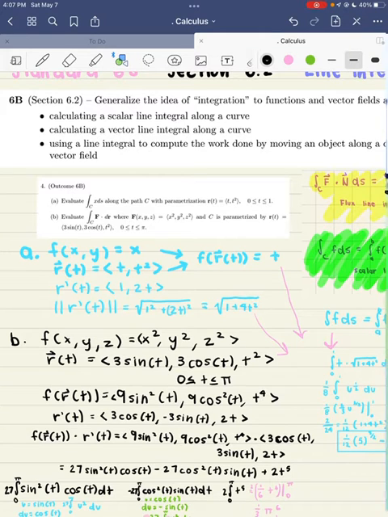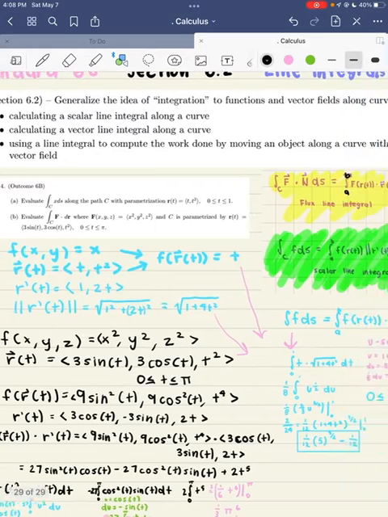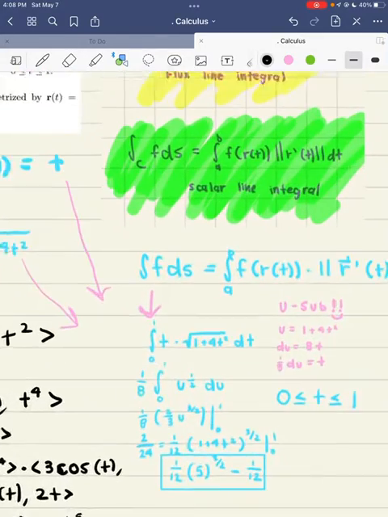So f of r of t is equal to just t. And then the derivative of r of t is 1 comma 2t. And the magnitude of the derivative of r of t is the square root of 1 plus 4t squared. So now we're just going to put that all together.